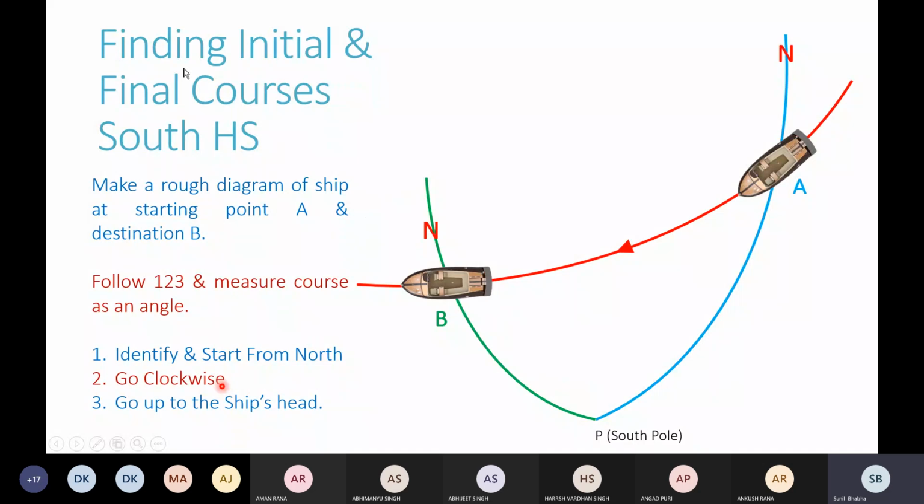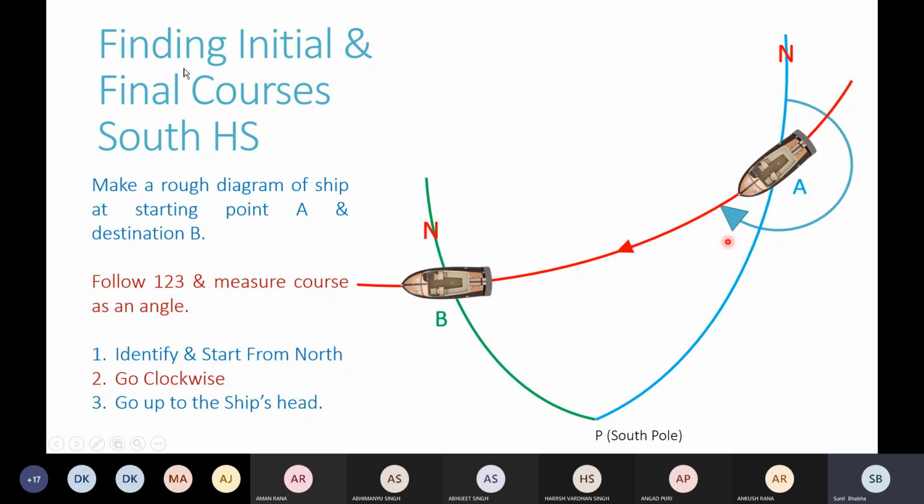Now we have to go clockwise from this direction north and we have to go up to the ship's head. So at our starting position A, starting from the north direction, going clockwise, going up to the ship's head, represented by light blue arc and arrow. So this arc and arrow shows the ship's initial course. Now, how to obtain this course from our angle A?